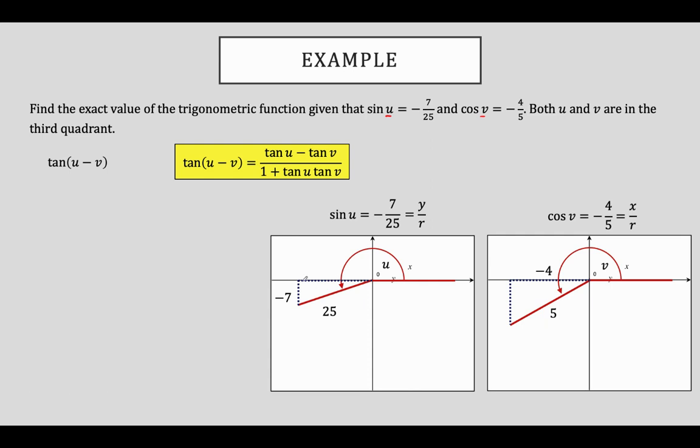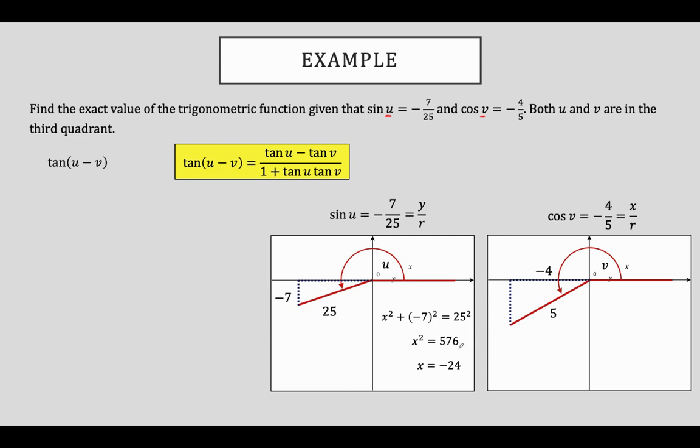We can find the x-coordinate here associated with u by using our Pythagorean theorem. We know that x squared plus a negative 7 squared has to equal 25 squared. Doing out our algebra, we get x squared is equal to 576, which means x is equal to negative 24. All right, don't be afraid to plug those into your calculator.